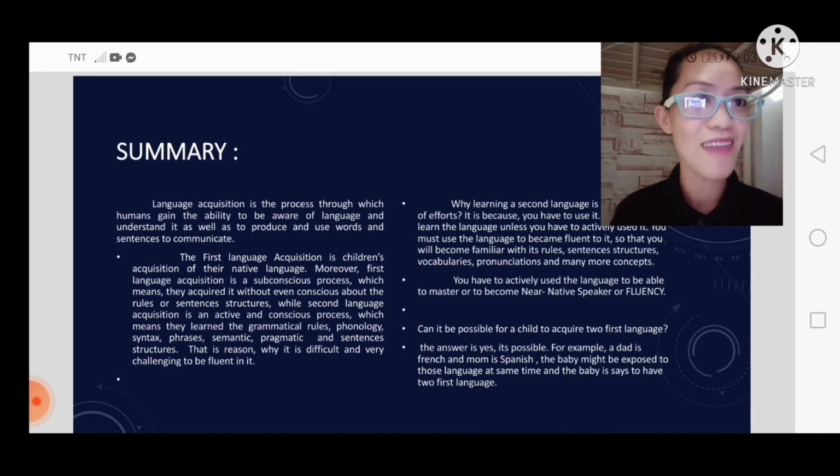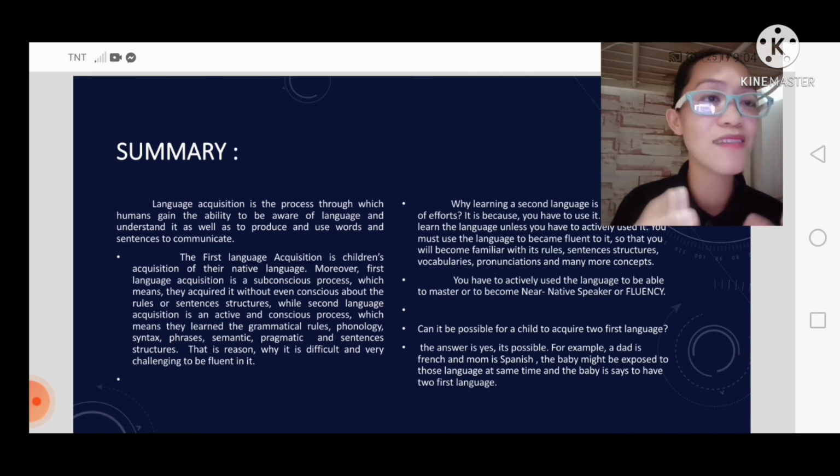It means that language acquisition is the process through which humans gain that ability to be aware of the language and understand it, as well as to produce it and then use those words to communicate. So the first language acquisition is the children's acquisition of their native language since birth.